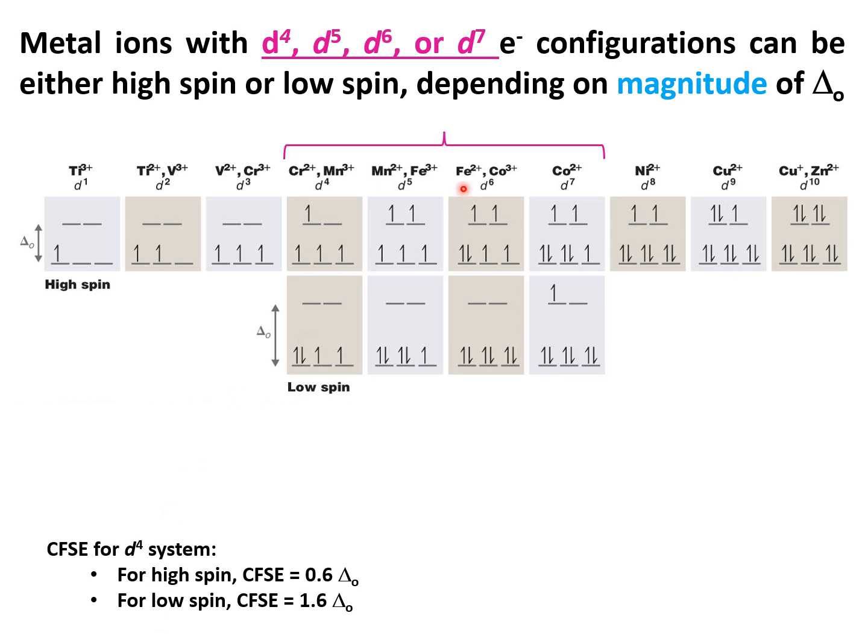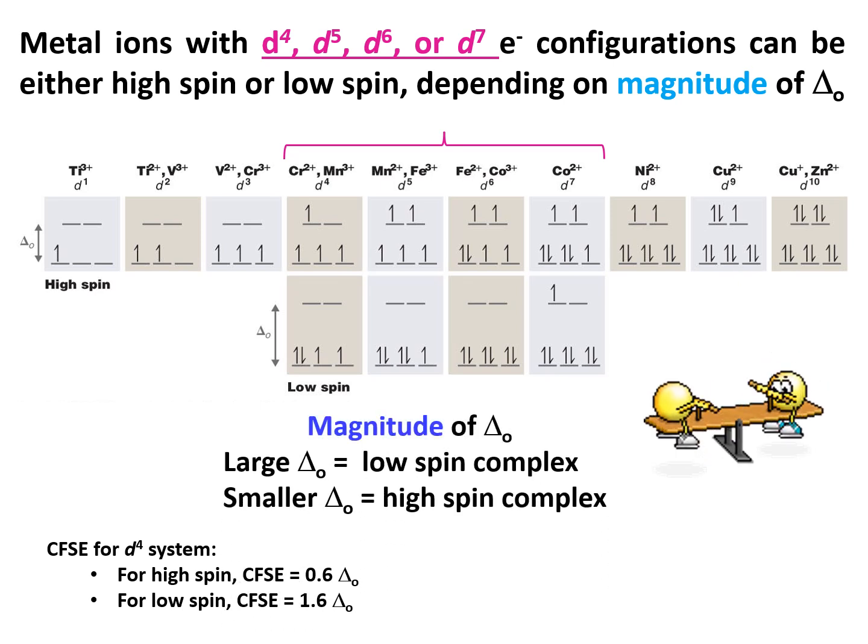So here you can see chromium 2 plus, Mn 2 plus, all these things. You have d4, 5, 6 and 7. More number of unpaired electrons means high spin. Fewer unpaired electrons means low spin. So large delta naught will end up with a low spin complex. Smaller delta naught will end up with a high spin complex.